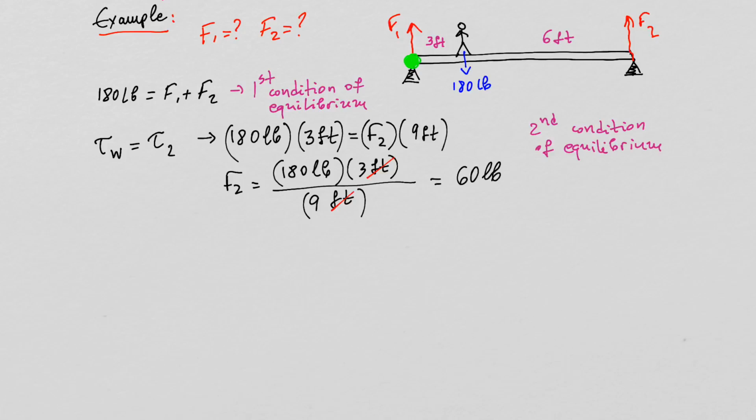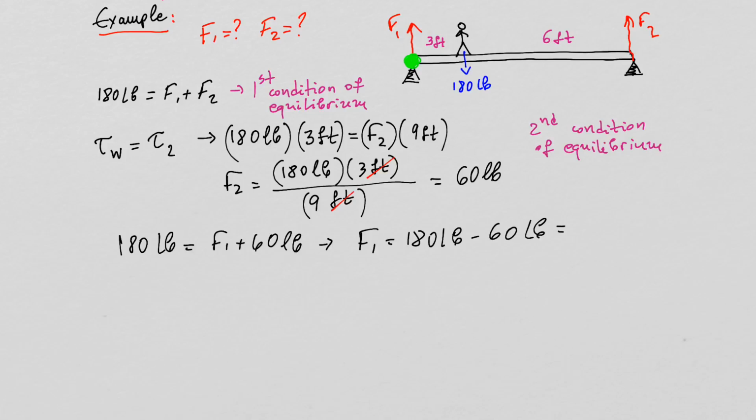So now how do I find the other force, F1? Well, I go back to the first condition of equilibrium and substitute F2 with the value that I just found. So we have that 180 pounds is equal to F1 plus 60 pounds. Well, from here, F1 is equal to 180 pounds minus 60 pounds.